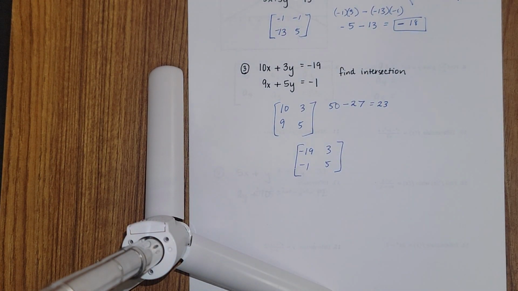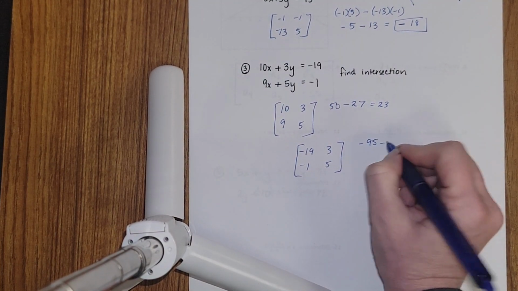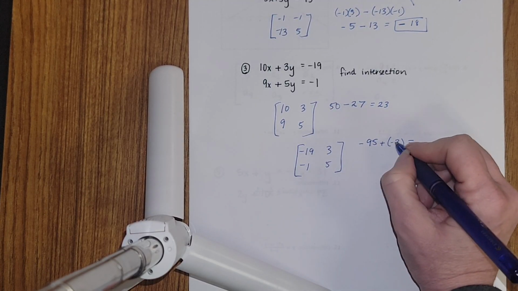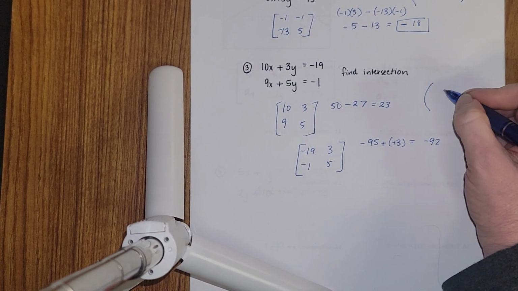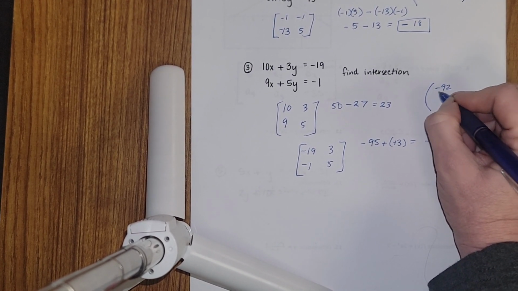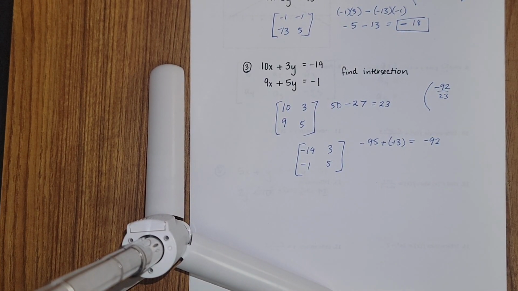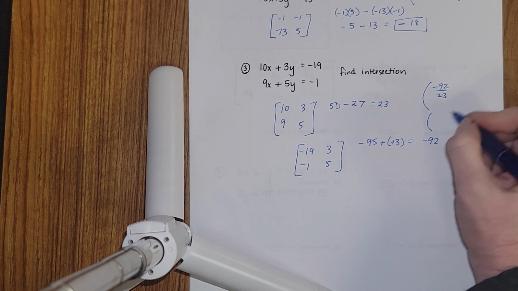So I'm going to find the determinant of that. So that's -95 minus -3. So -92. So my x coordinate is going to be -92 over 23, which is -4. I'll simplify it in just a minute.